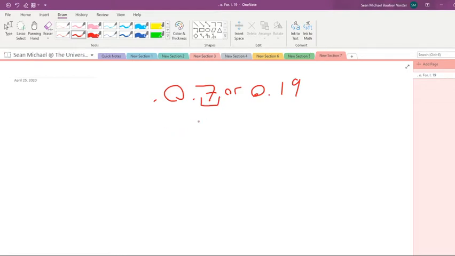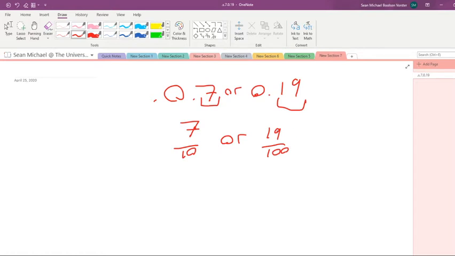So you could say, okay, this really equals 7 tenths. And this one here has 2 digits behind it. And so instead of tenths, it'll be 19 out of 100.